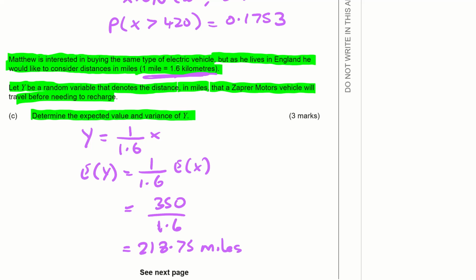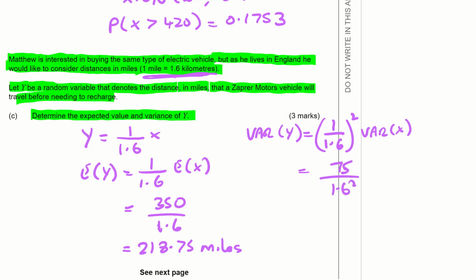And then the variance of y is going to be 1 over 1.6 squared times the variance of x, which is 75 over 1.6 squared, giving us 2197 miles squared. And if we want the standard deviation, we would just take the square root.